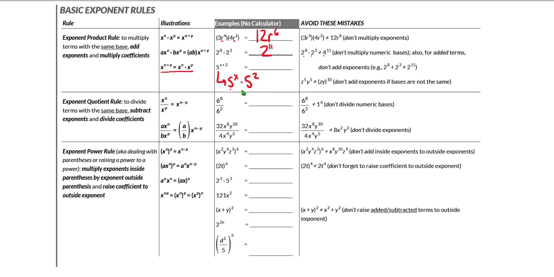Remember, if we have the same base, which we do, 5 and 5, we add the exponents. So 5 to the x times 5 squared would be 5 to the x plus 2. 5 squared, of course, is 25. So we could rewrite 5 to the x plus 2 as 25 times 5 to the x. Again, just a little deconstruction.